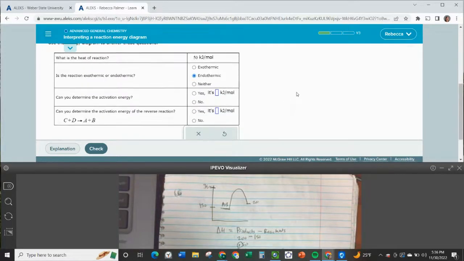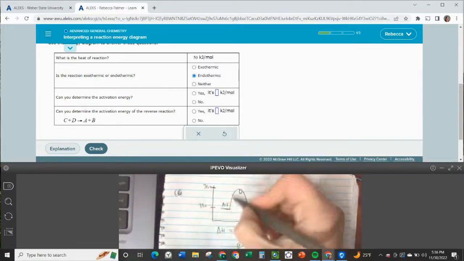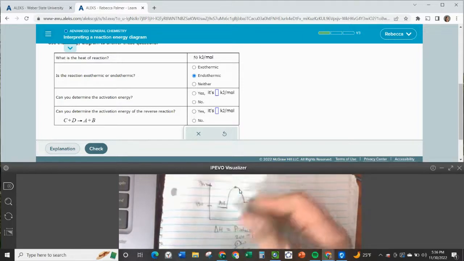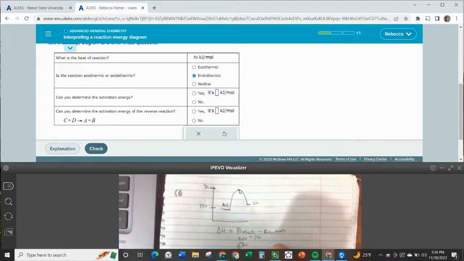And then can we determine the activation energy? Well, we're looking from our reactants to the transition state, and this one is always going to be positive. So we have 350 minus 150, which is 100. Is that right? No, that doesn't sound right.